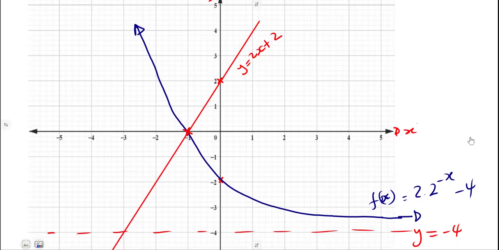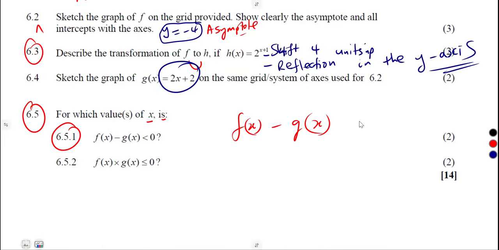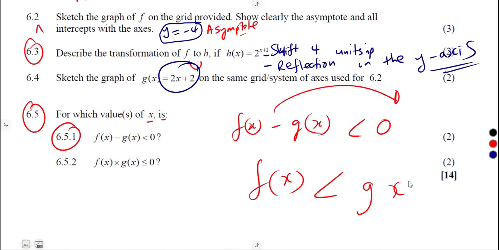Let's check another part of the question. 6.5.1: for which values of x is f of x minus g of x less than 0? When you're given two functions on one side and there's a minus, take the other one to the other side. f of x is less than g of x, which will be positive there. So where is f of x less than g of x?